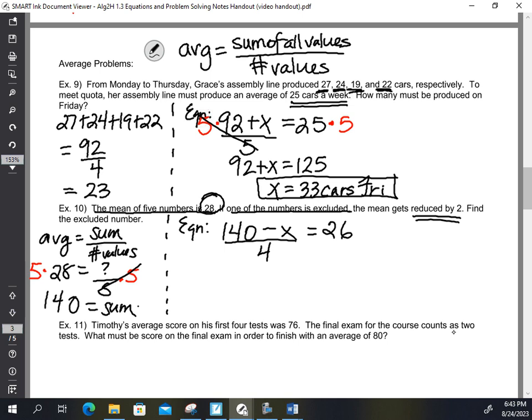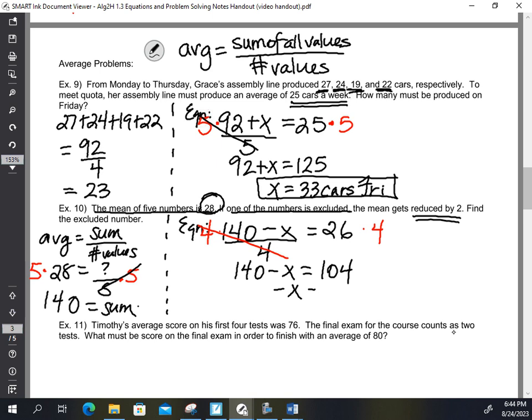So pretty straightforward. Get rid of division by multiplying. So 140 minus x equals 26 times 4, 104. Finish solving the equation.